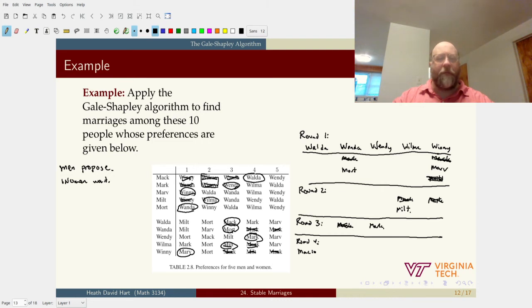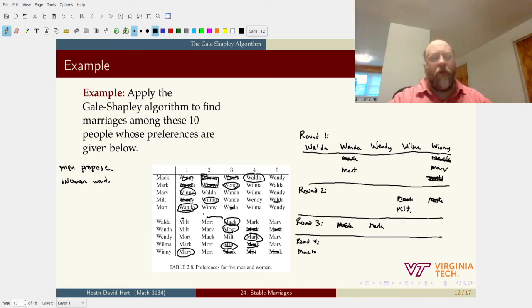Let me explain why. For example, Walda would rather be with Mort than Mac, but if Walda were to secretly approach Mort, Mort is already with his first choice and would say no to Walda. If she were to secretly approach Milt, Milt is with his second choice, but Walda was his fifth choice, and so he'd say no also.